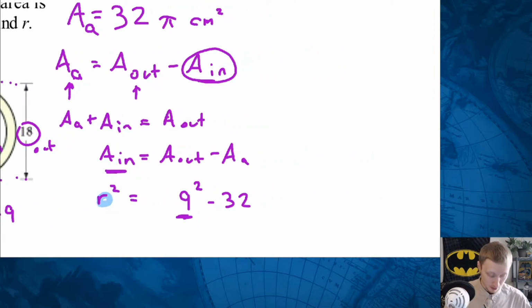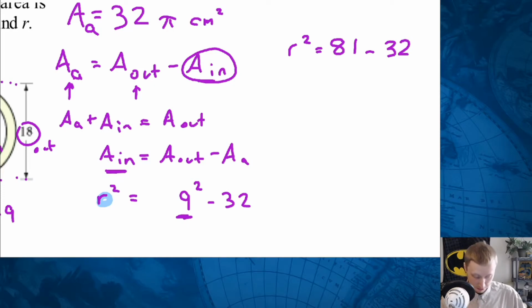All right, now we know r squared is equal to 9 squared. 9 squared, I think we can do that one. That should be 81. 81 minus the 32. And that's, oh, well that's actually quite simple.